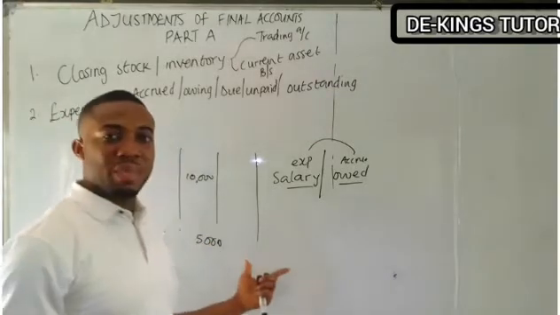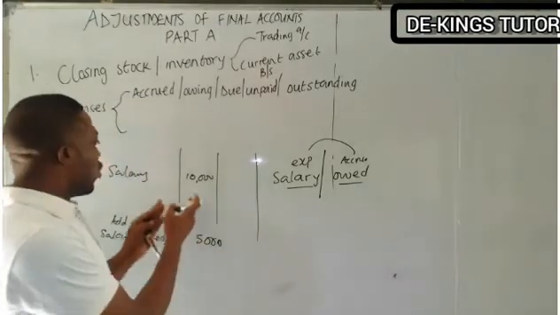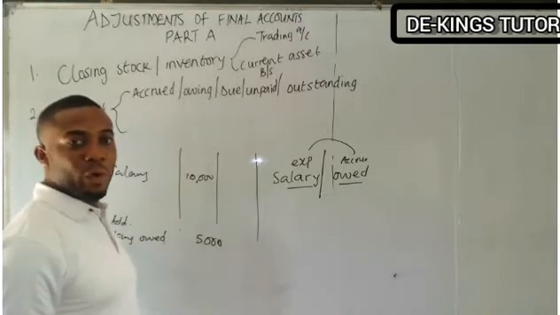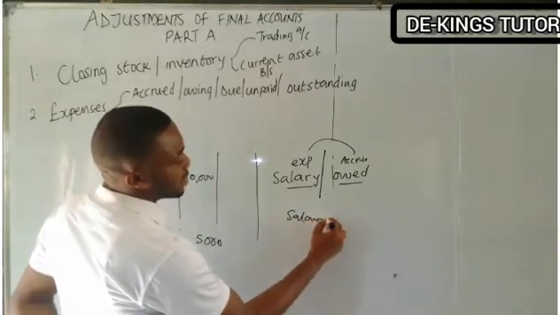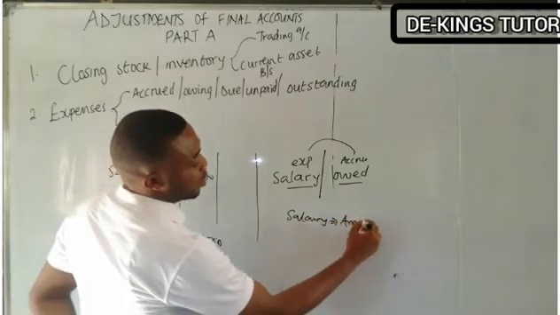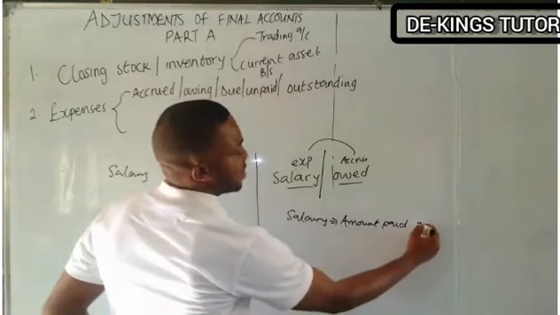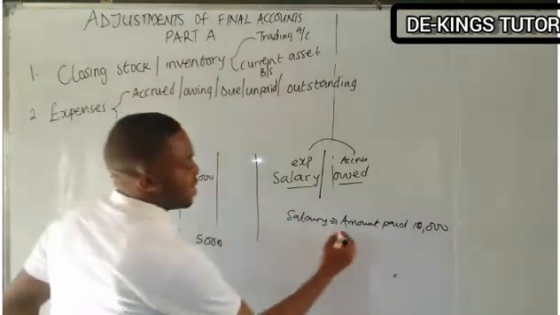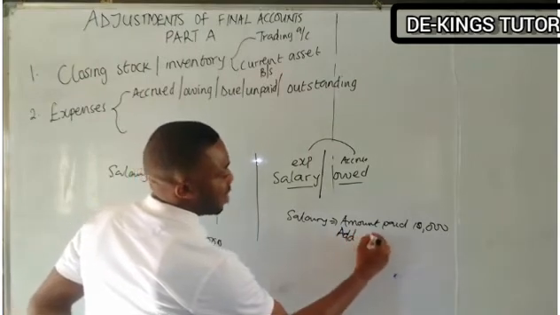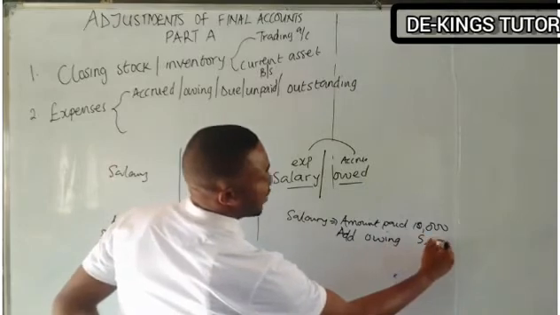Now the adjustment will be that you add up this 5,000 with the one they've paid. So you adjust the salary amount paid, that is 10,000, the amount in the trial balance, and add the amount owed or owing, which is 5,000.